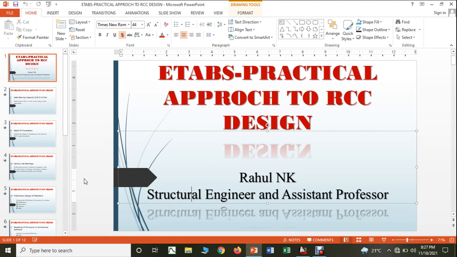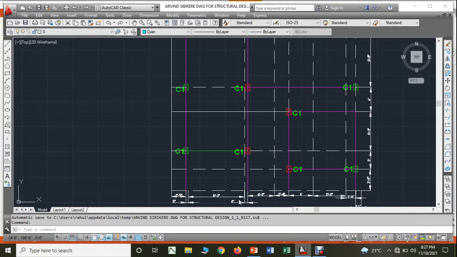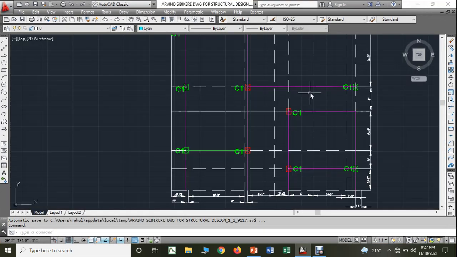Based on all these categories, we decided that some columns are low loaded, some are medium loaded, and some are heavily loaded.